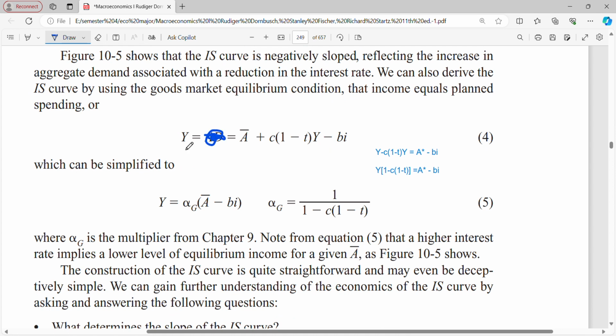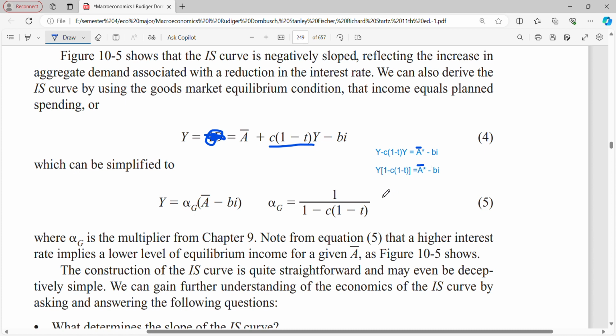For the time being, we'll consider it as this Y. So Y minus, we'll take this to the other side of the equal to sign. So Y minus C 1 minus T multiplied by Y is equal to A bar minus Bi.